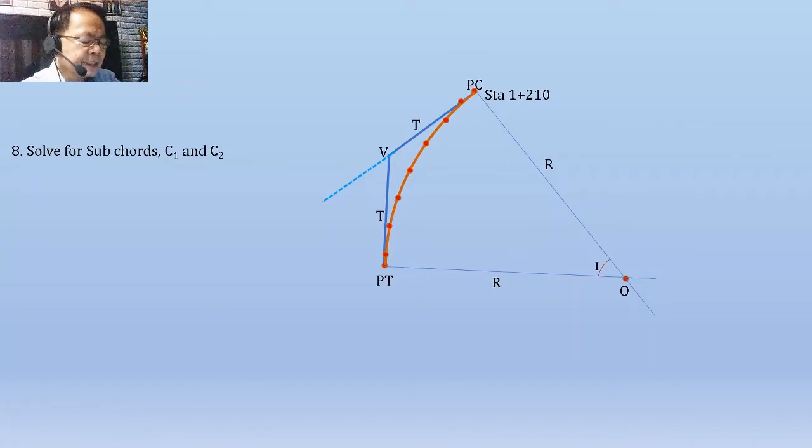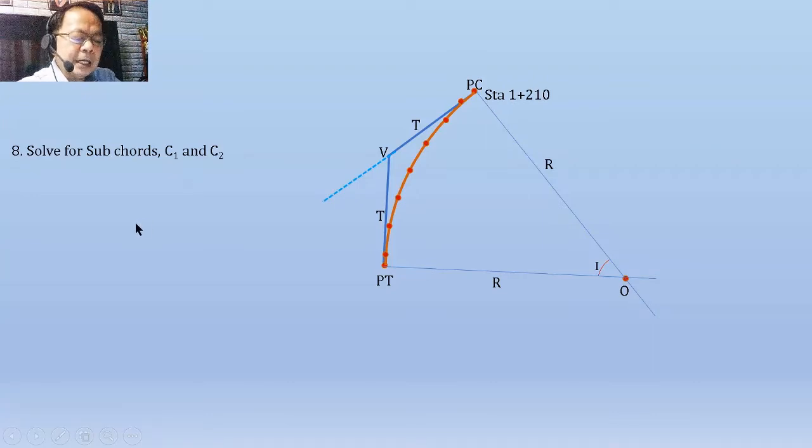And the first subchord, C sub 1, occurs when the stationing of the PC is not falling on a full station, or not divisible by 20. As we see here, the stationing of 1 plus 210 is not a full station. Hence, we have C sub 1, which is the difference between our first full station and the stationing of the PC.